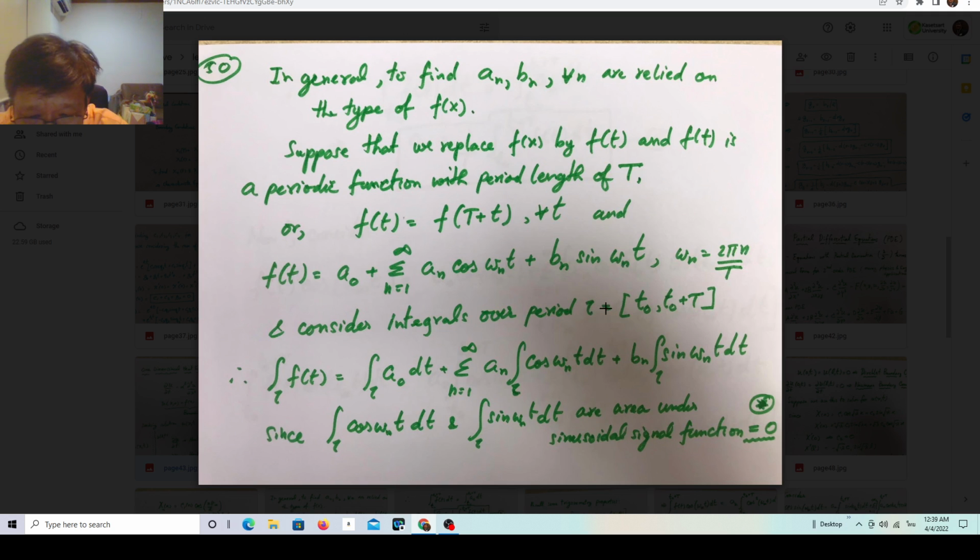So the interval starts at t sub 0, a constant, to t sub 0 plus capital T, which means that for any starting time t sub 0, we go to the next one before the cycle of the next period starts. We're going to find the integral over all of this. So when you integrate both sides, the first term becomes an integral, and the others become the integral of cos and the integral of sine.